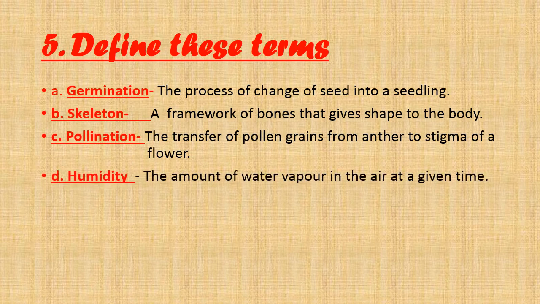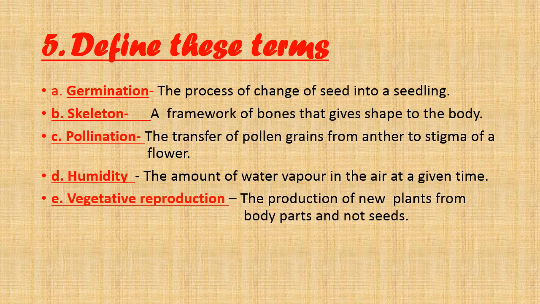Part D, humidity. The amount of water vapor in the air at a given time will be called humidity. Part E, vegetative reproduction. So the production of new plants from body parts, not from seeds.